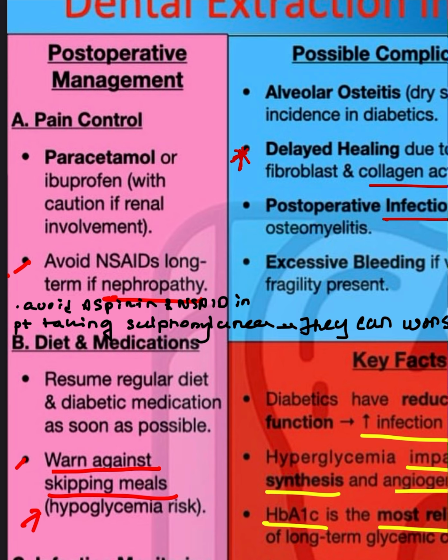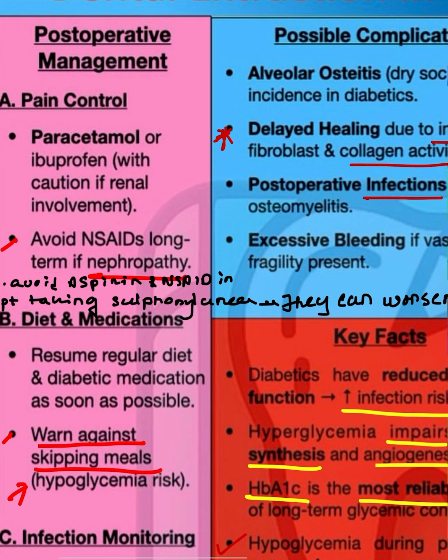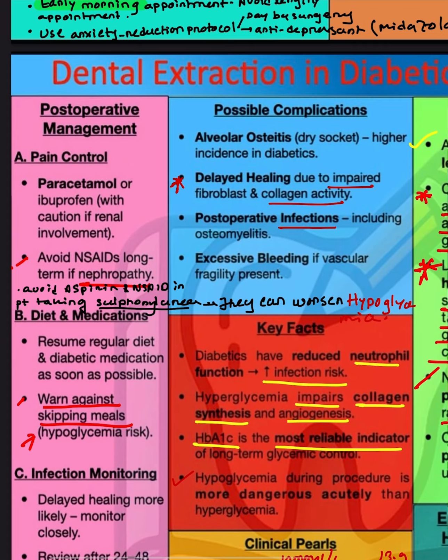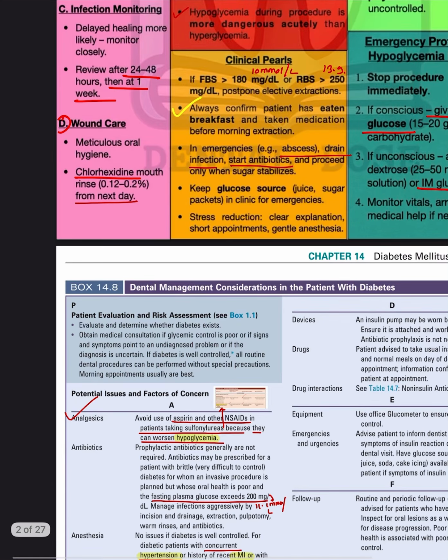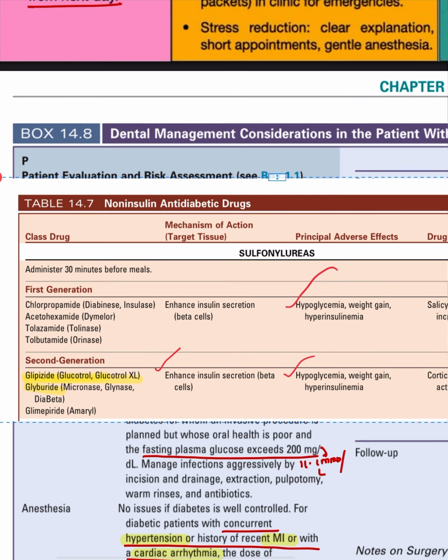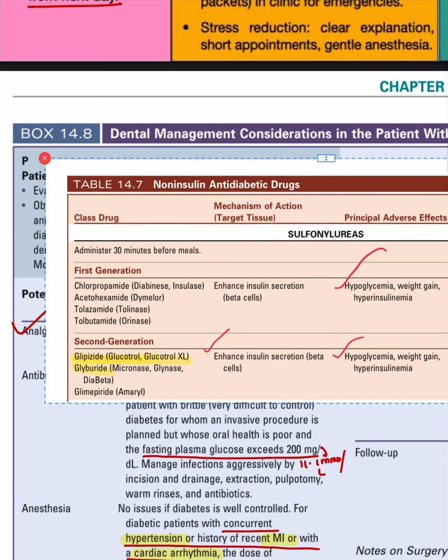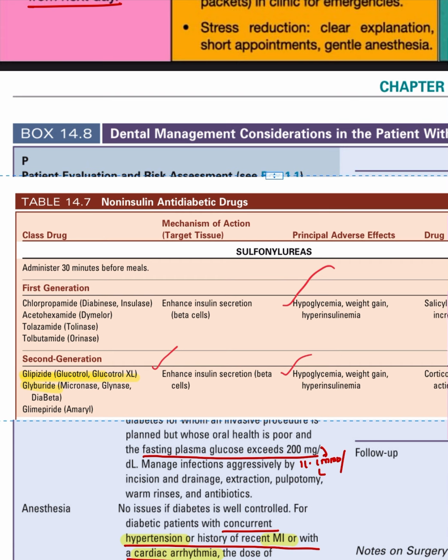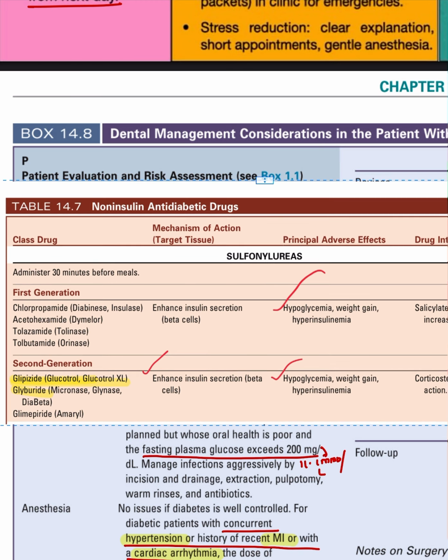But if the patient is taking a sulfonylurea, that means glimepiride or the drugs in this list, we have to avoid NSAIDs and aspirin other than paracetamol and ibuprofen, because it enhances the risk of hypoglycemia.